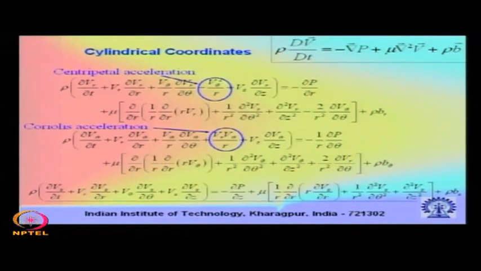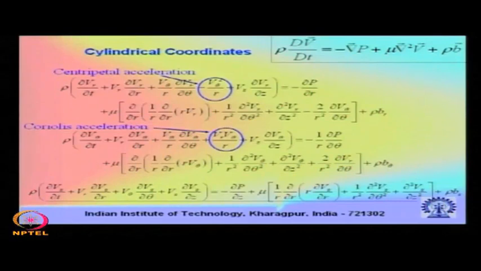Then for the remaining terms, d²Vr/dθ² is 0, d²Vr/dz² is 0, dVθ/dθ is 0, and you have a ρBr. So ρBr is there if you have a body force along the r direction, which is very much possible.